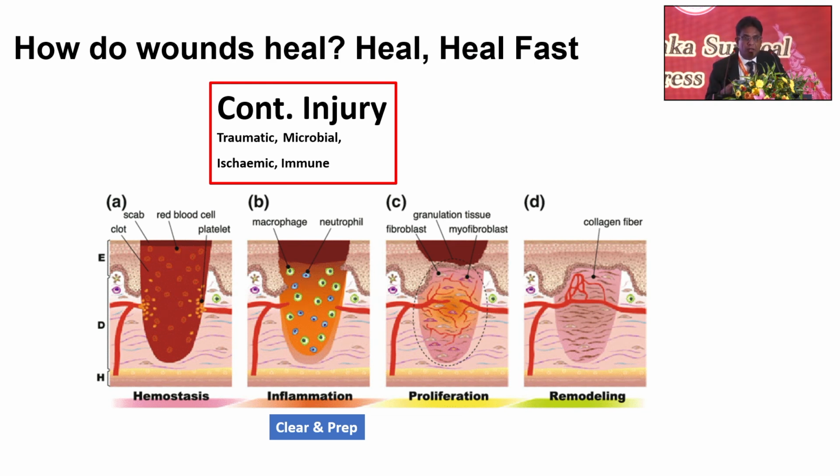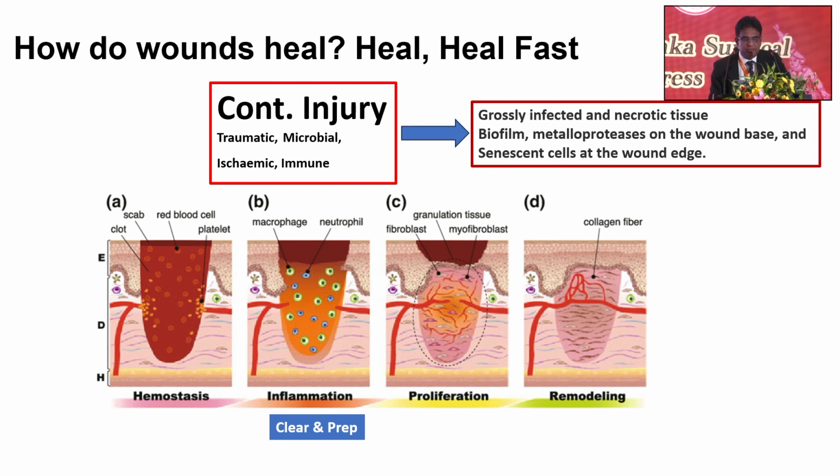But the trauma, the injury goes on. And that gives rise to either grossly infected and necrotic tissue. In addition, there is biofilm, metalloproteinases on the wound base, and senescent cells in the wound edge. All these things will develop with time, and then it sabotages healing.